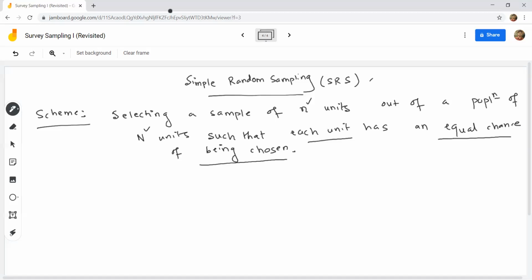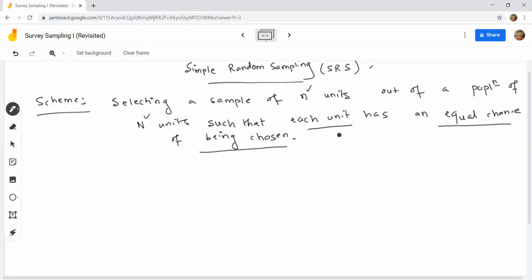So each unit should have an equal opportunity of being chosen within the sample. So this is a criteria which is only characteristic to simple random sampling. Basically it says that at any stage each unit will have equal probability of being chosen within the sample. So we'll discuss this.